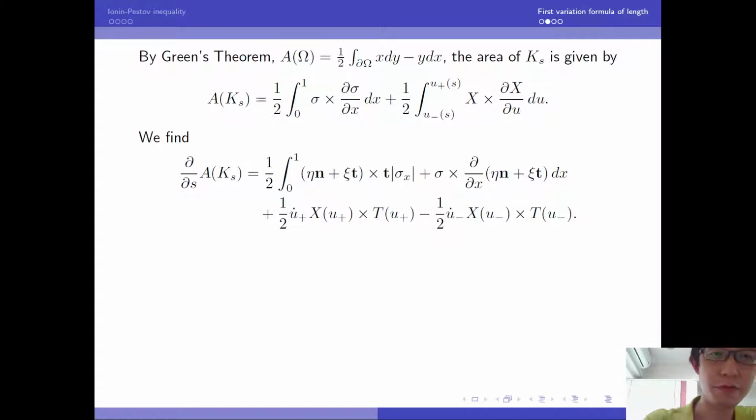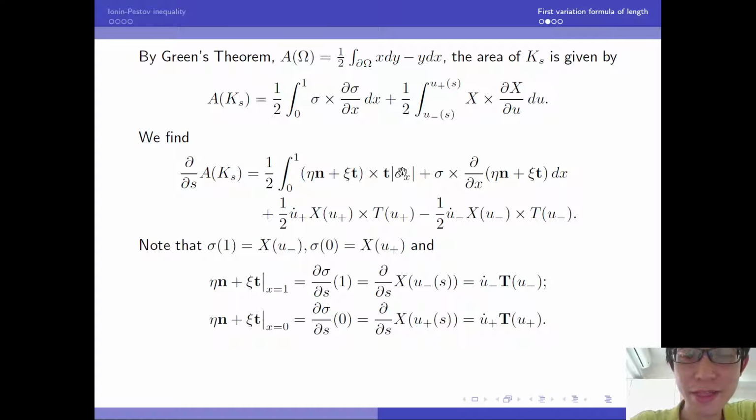Okay. So we differentiate in s, and for sigma, we get the variation field, and the derivative is the unit tangent times the speed, sigma x. And when the derivative falls on the derivative, we get the second term, sigma cross the derivative of the variation field. And for the derivative of the second integral, note that x is kept fixed during the variation.